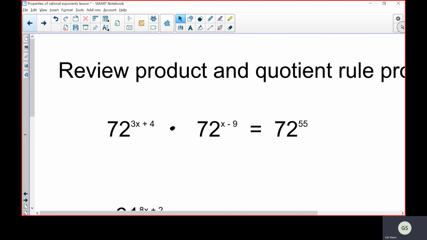All right, then. So this is what we did last class. I have the same base already, so I don't need to change anything. So if I'm multiplying, which I am, that means I have to say, well, this exponent, so it's the product rule.